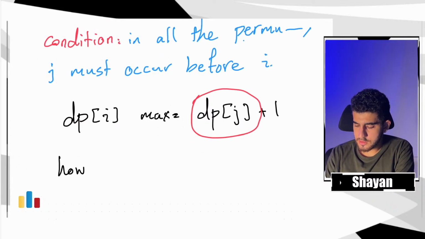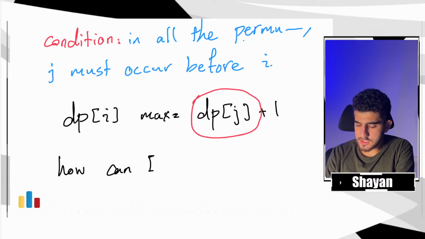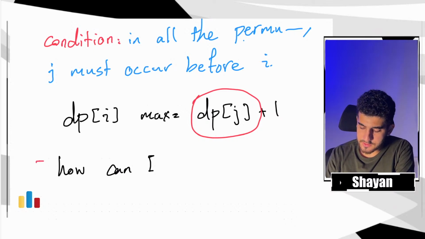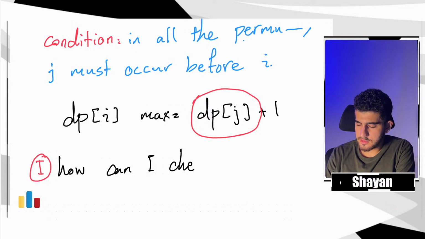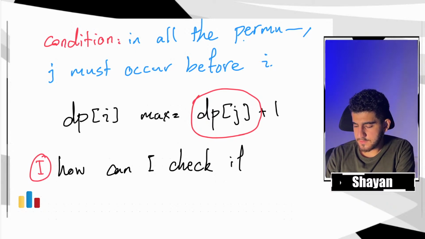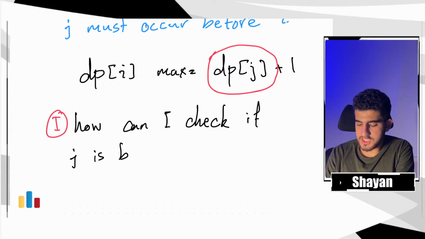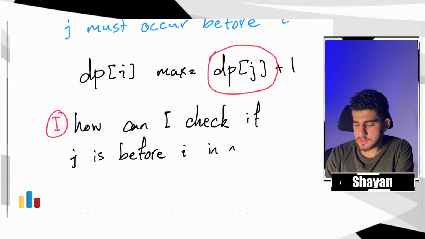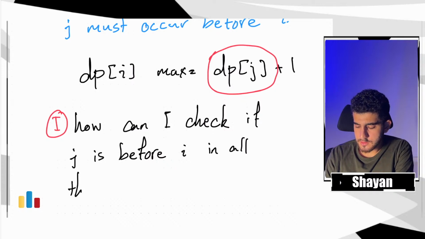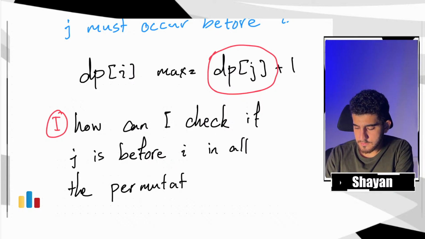How can I check if j is before I in all the permutations?